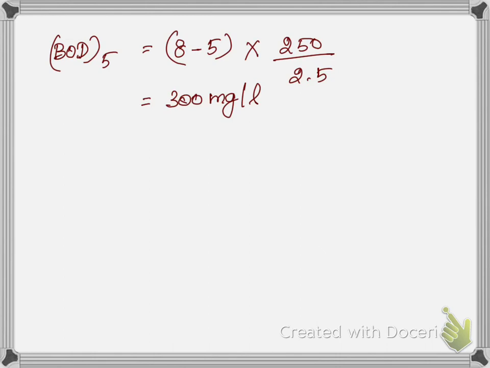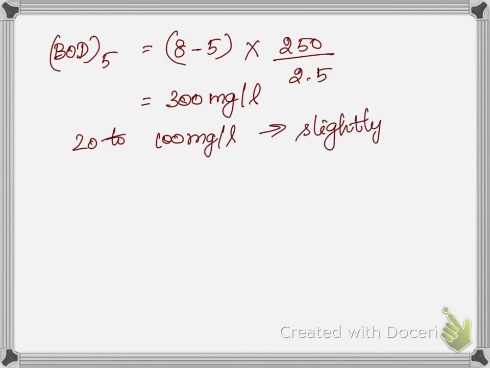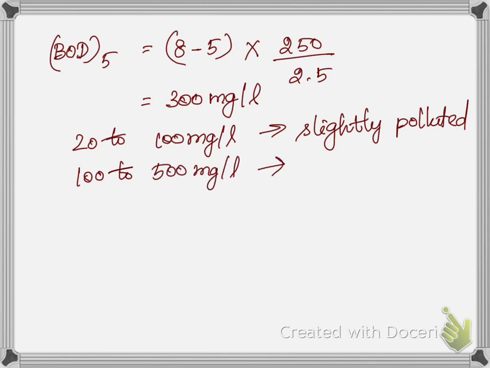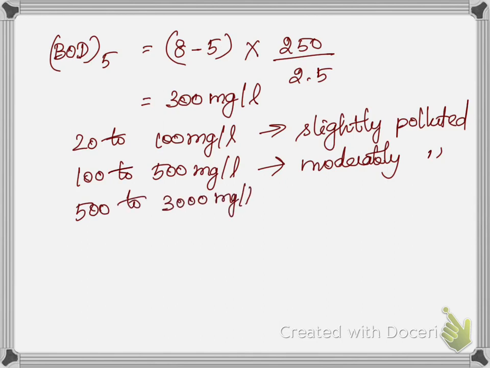So if BOD value is between 200 to 100 milligram per liter, it is said to be slightly polluted. Okay, and if it is between 100 to 500 milligram per liter, it is called moderately polluted. If it is between 500 to 3000 milligram per liter, it is called highly polluted.